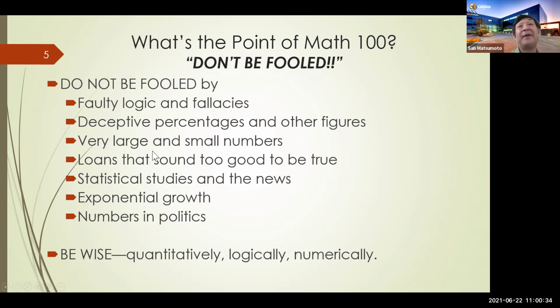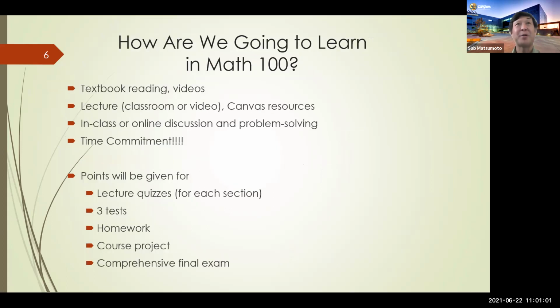Don't be fooled by very large or very small numbers, or loans that sound too good to be true, because they probably are too good to be true. Don't be fooled by statistical studies, and there are many of them out there, and news stories using statistical figures. Don't be fooled by exponential growth or numbers that appear in politics. So you can see that this is going to be a very practical course, okay?